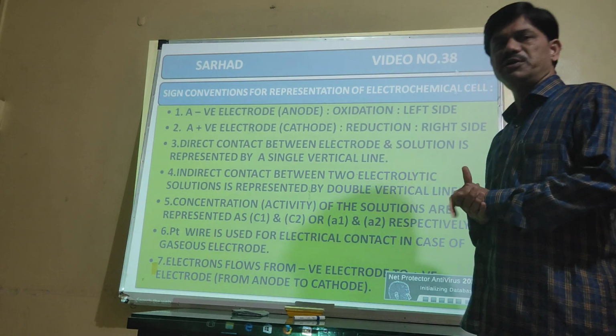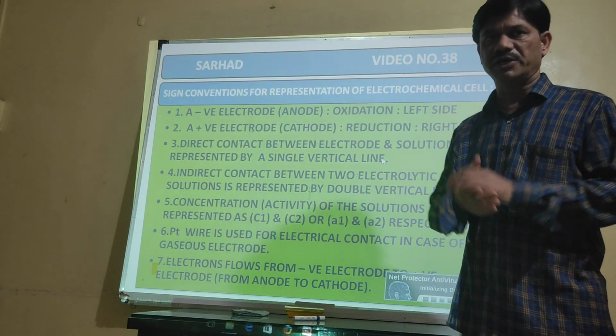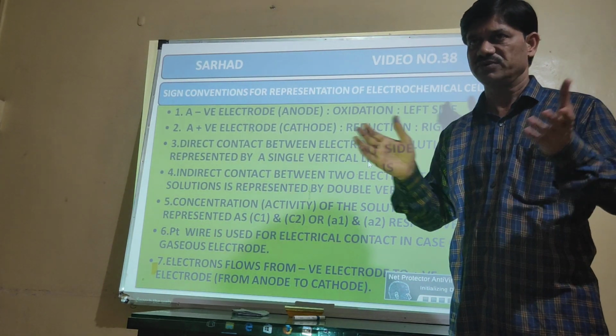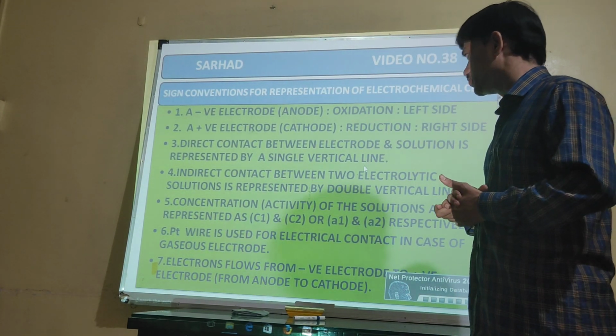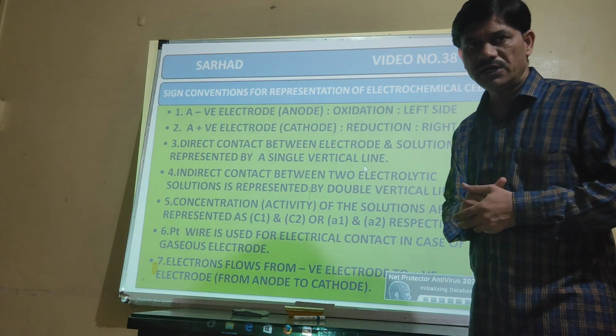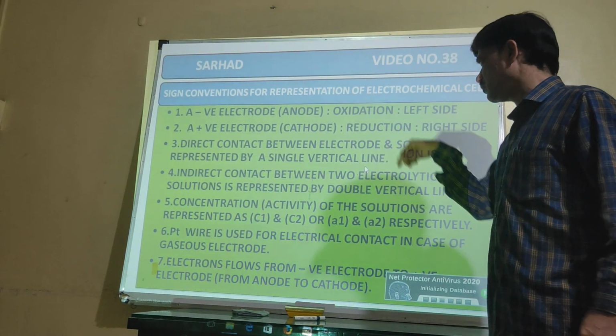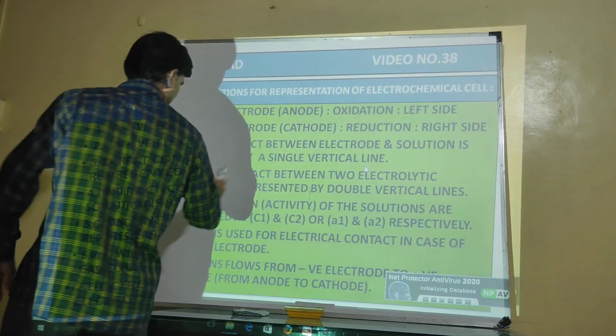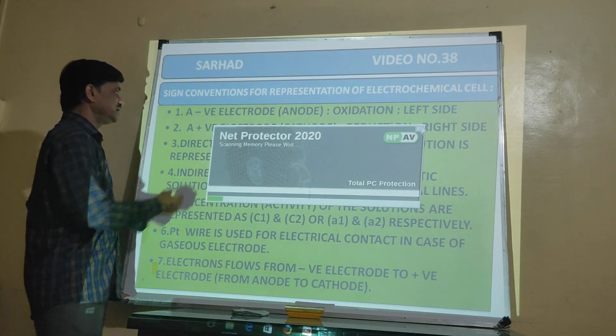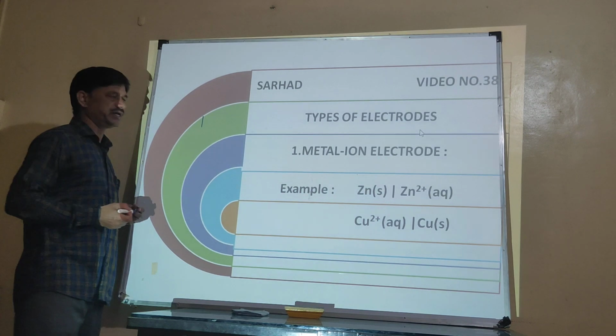Then what about the third important sign convention? Whenever we are dealing with a half cell, that is an electrode in contact with its ionic solution, then the third rule is: direct contact between rod and surrounding solution is denoted on paper by a single vertical line. Means you have to indicate such a line, a single vertical line.